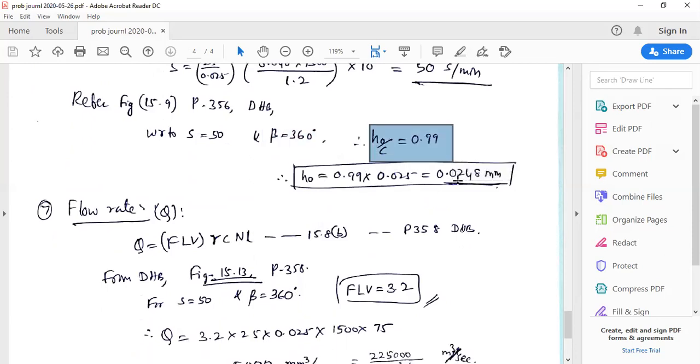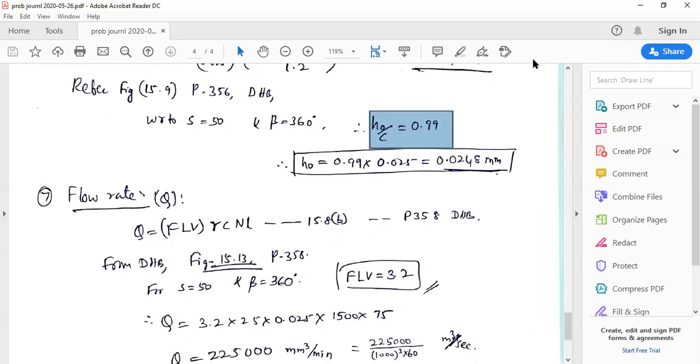So therefore H naught is equal to 0.99 multiplied by the radial clearance. So that is 0.0248 mm. So H naught is equal to 0.0248 mm.